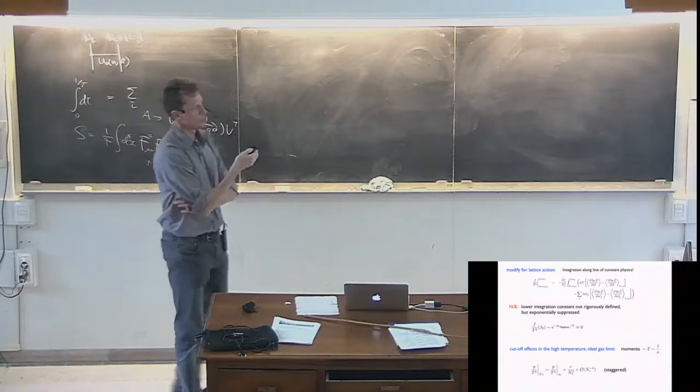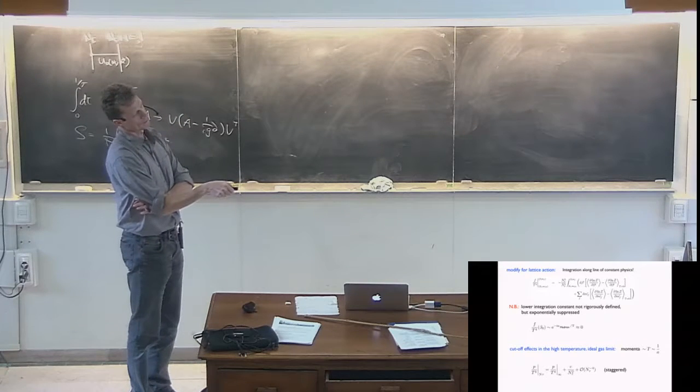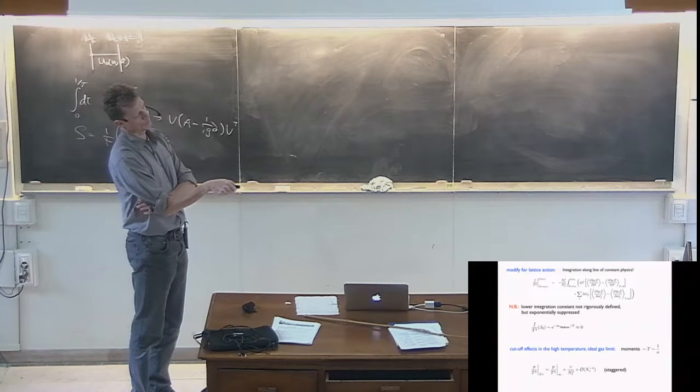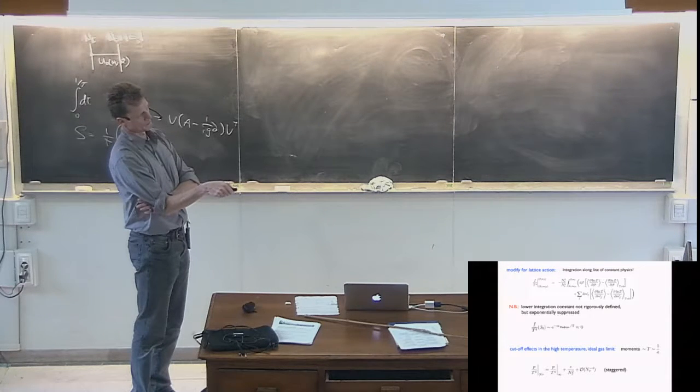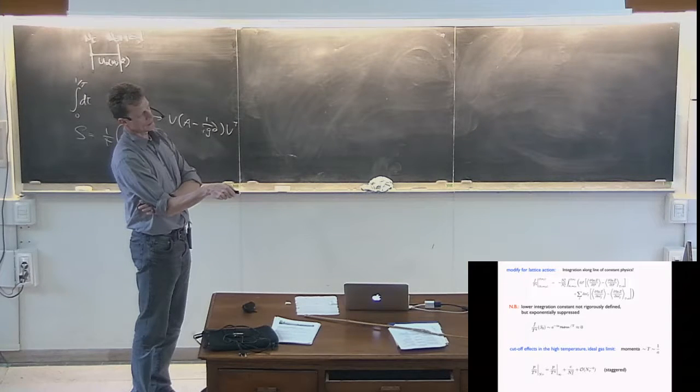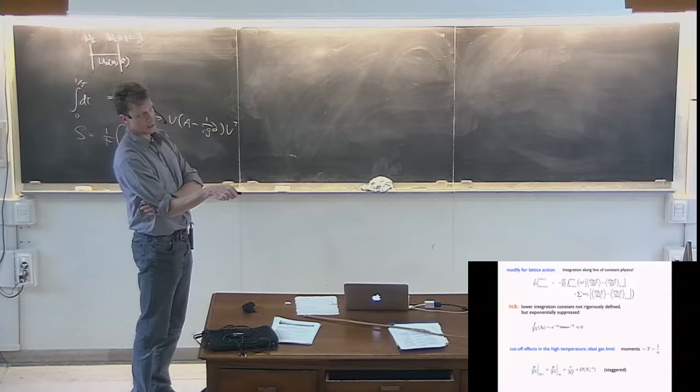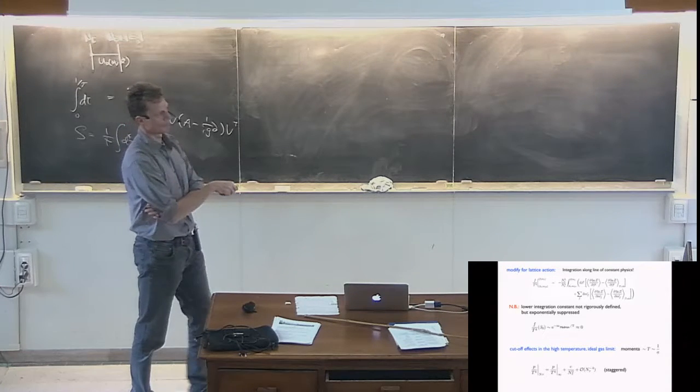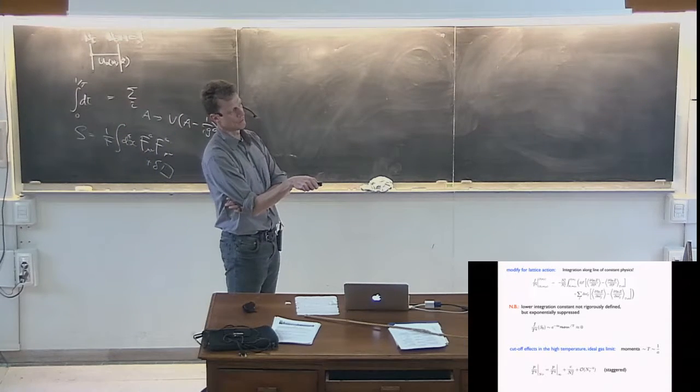So again, keep in mind, if I compute, for example, the pressure, so this is log Z with this integral method, it corresponds to the continuum expression, and then it has corrections of lattice spacing, and instead of a, I can always translate this to N tau.